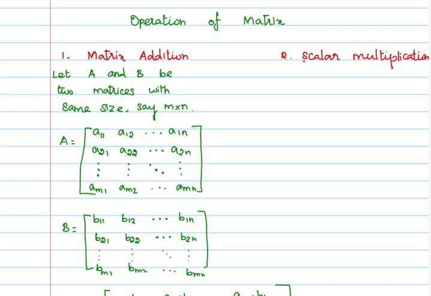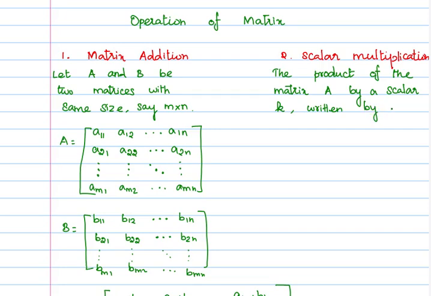Second operation is scalar multiplication. What is scalar multiplication? It means the product of the matrix A by a scalar, some k, written as kA.